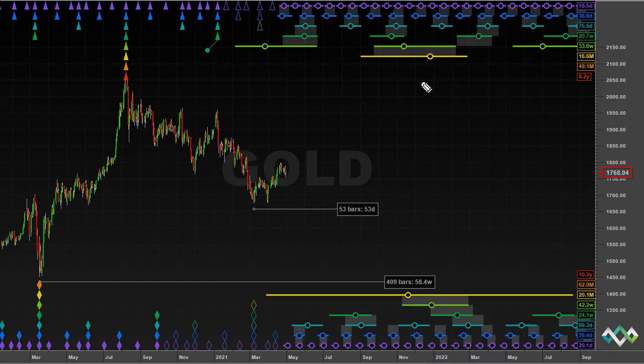And you will notice that here we have, as I've already mentioned, a very staggered nest of highs for the 18-month cycle. Let's focus just for a moment on the 40-week and 18-month circle and whiskers in terms of the peak analysis. Notice how they are almost exactly above the circle and whiskers for the 18-month and 40-week cycle troughs.